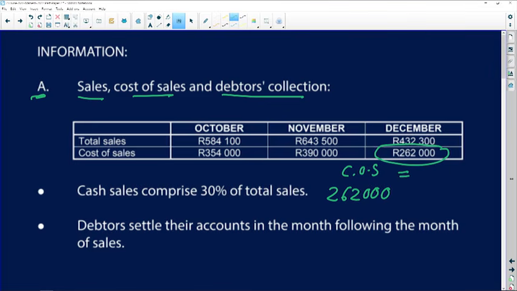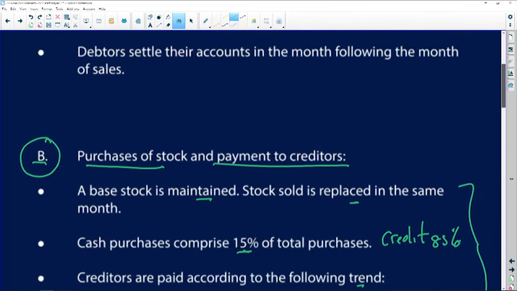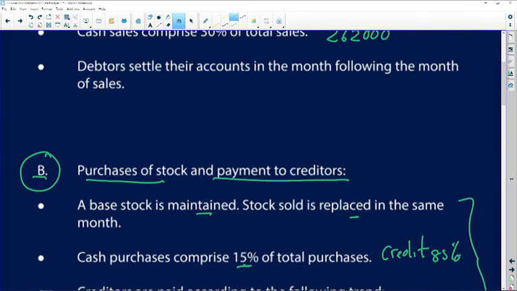Why am I looking at cost of sales? Because cost of sales is equal to total purchases. Remember, whatever you buy for the month, you expect to sell. So that is why cost of sales, what I bought and what I sold, is equal to total purchase. So using my cost of sale for December, cash purchase comprises 15% of total purchase.